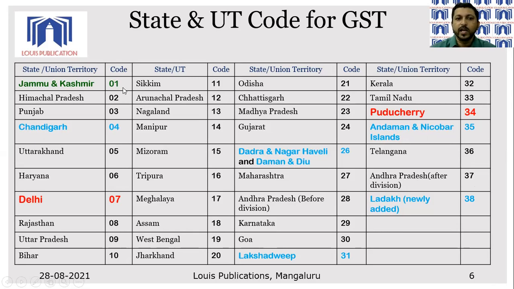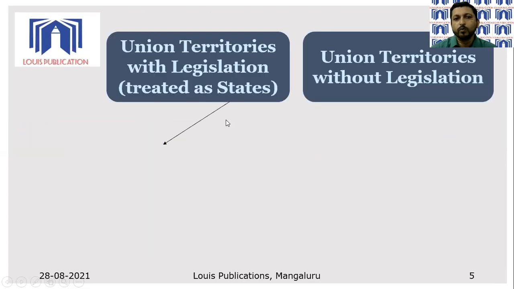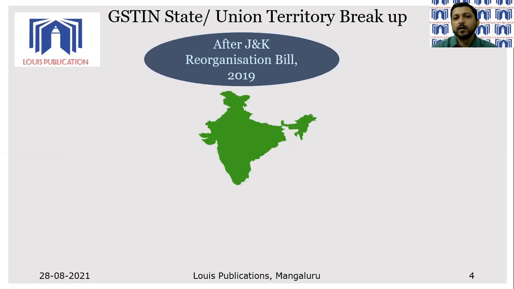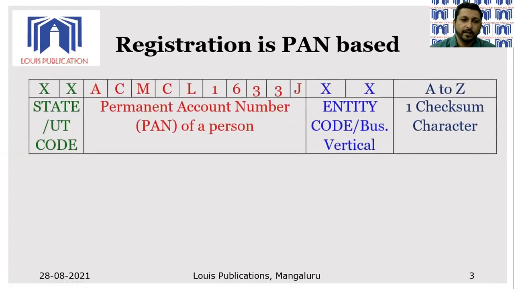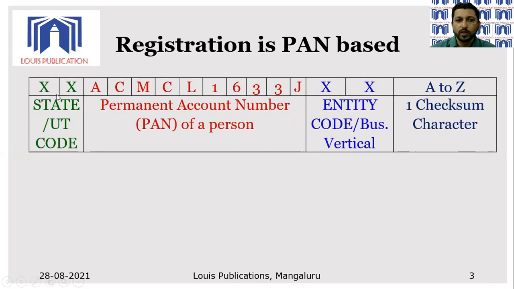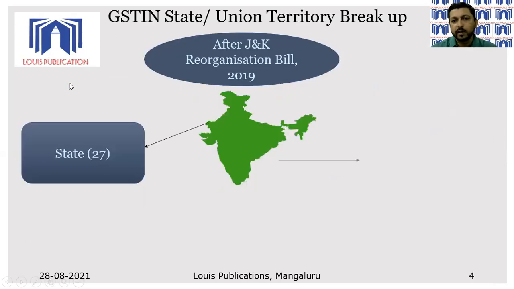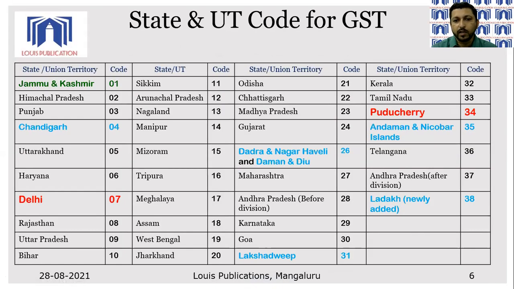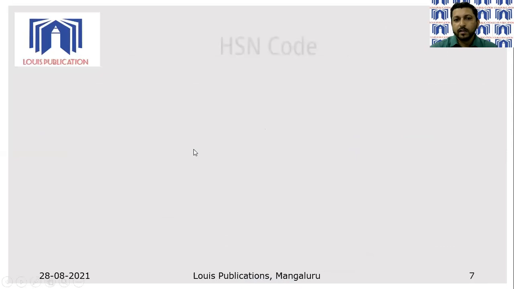So this is about the state and union territory codes. And these are the numbers that you see over here, the 2-digit numbers. That is how we begin our GSTIN. The state or union territory code that you see over here, the first and the second digit are these numbers that you find as far as state or union territory codes are concerned.